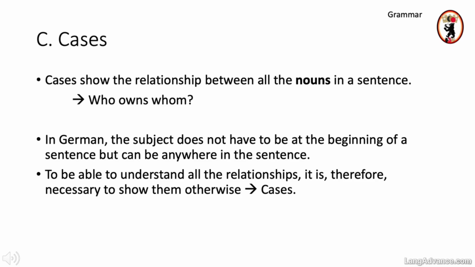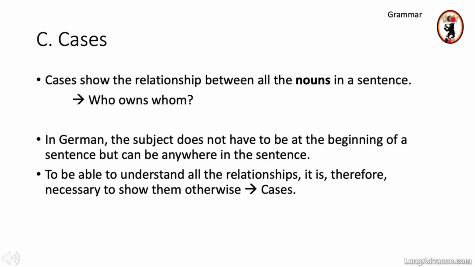Let's get started. What do cases do? Cases show the relationship between all the nouns in a sentence. They explain to you who owns or influences whom, or who is owned or influenced by whom. In English, that is made clear by the position of the words.